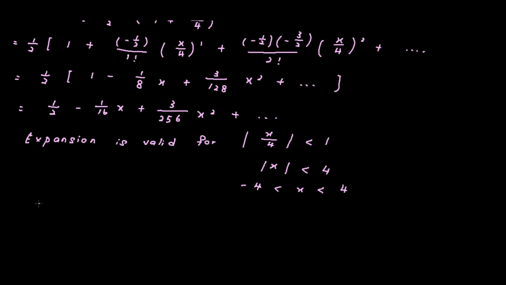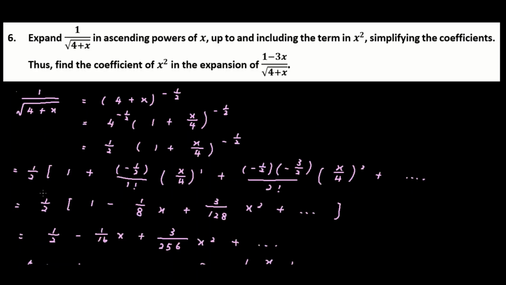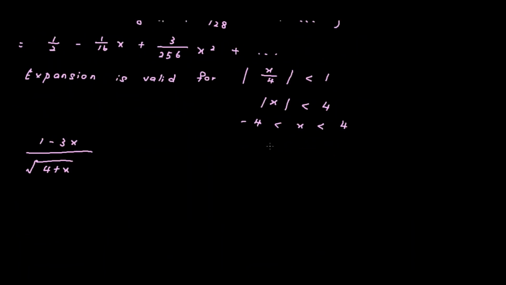Okay, after that, you need to continue to find the coefficient for x squared, which is 1 minus 3x over square root of 4 plus x. Is that your question? Yes. So same thing, just try to write it: 1 minus 3x, and then (4 plus x) to the power of negative 1 over 2.